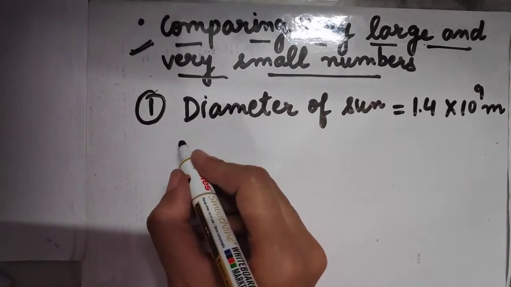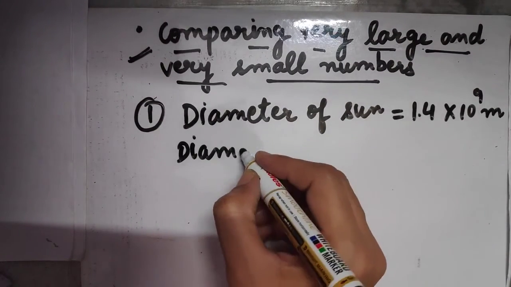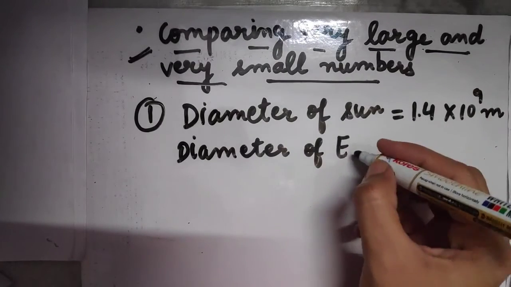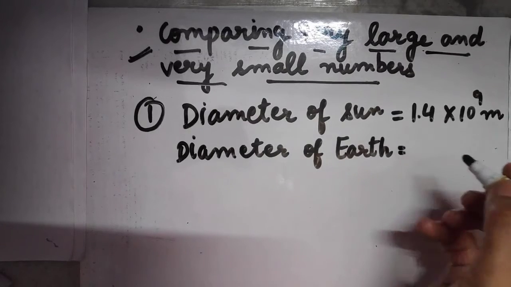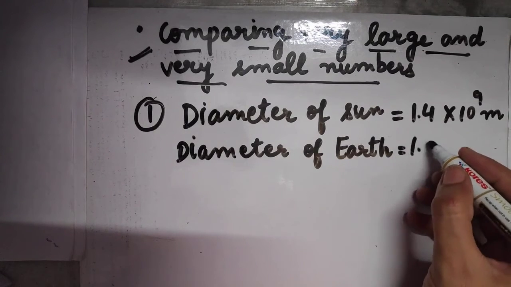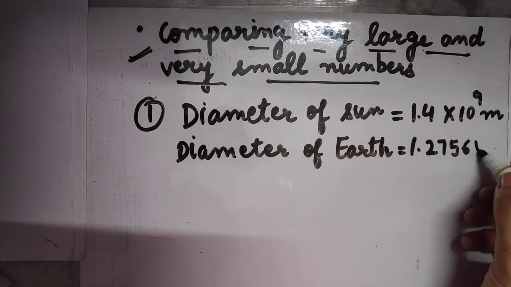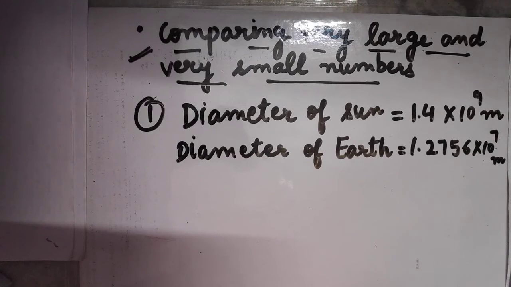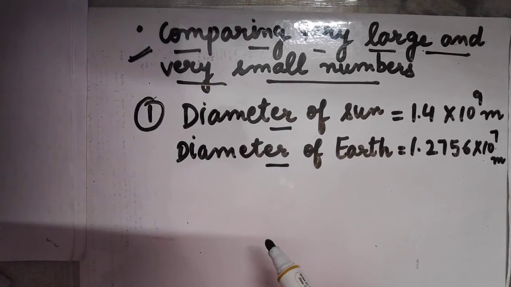And diameter of earth is equal to 1.2756 into 10 raised to the power 7 meters. This is the diameter of sun and this is the diameter of earth.